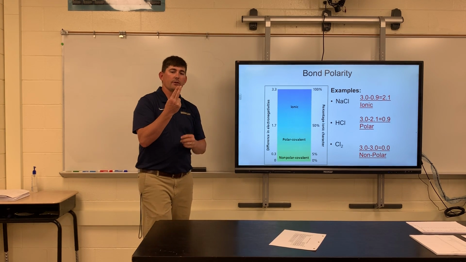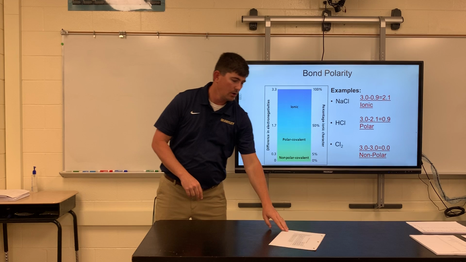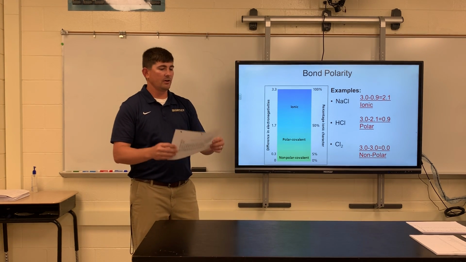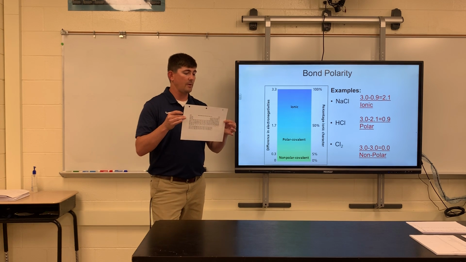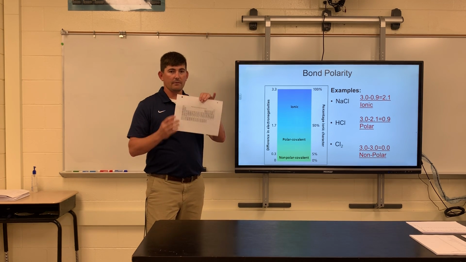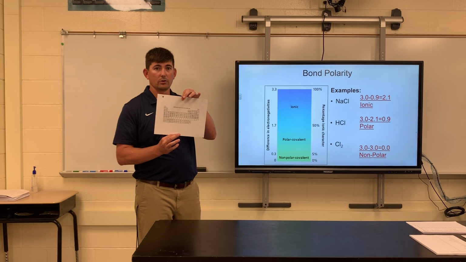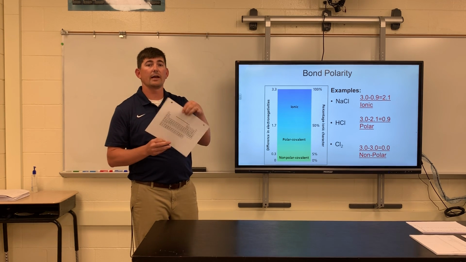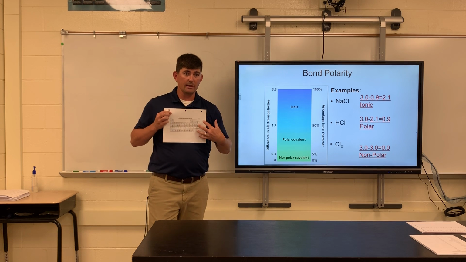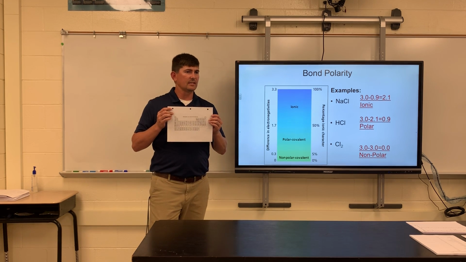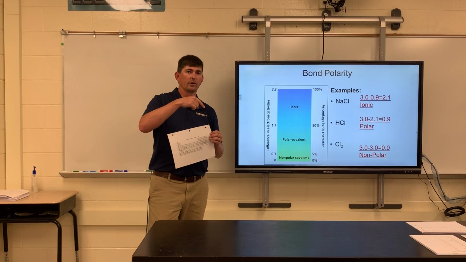When we take two atoms that are bonded together and find their electronegativities, if you have a packet, I gave you one of these. If you don't have a packet, I've shared this off the Google Drive, so you can get one and look at it, or print it out at home. All it is is a periodic table. You can also find this in the textbook, at the end of chapter 4.